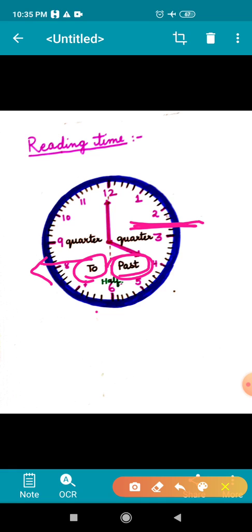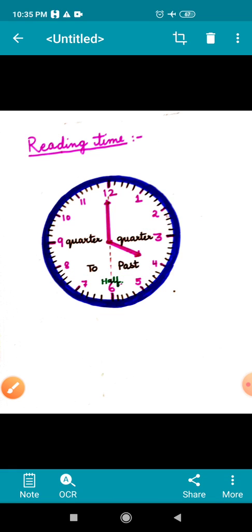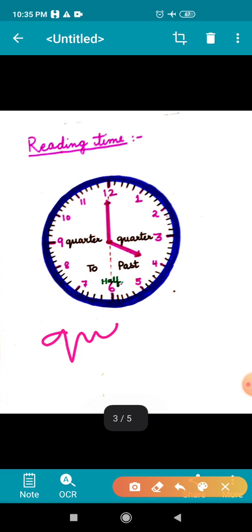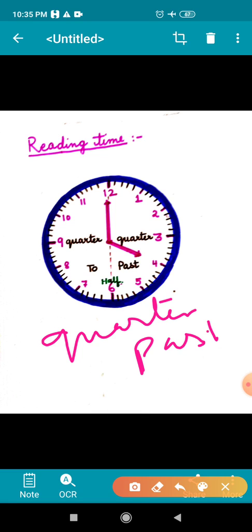Okay, and if the minute hand is on 3, then the time is read as quarter past. And when the minute hand is on 9, the time is read as quarter to.